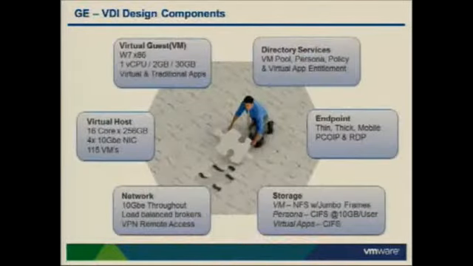Now, of the various VDI design components, there are really a few that we'd like to call out. The first of those is your selection of an underlying operating system coupled with that of your directory services. By virtue of technologies like group policy, you literally have hundreds, if not thousands, of ways to customize your guest operating system.